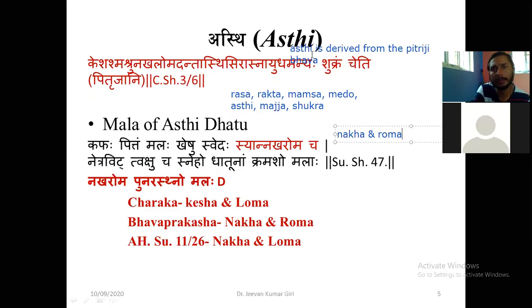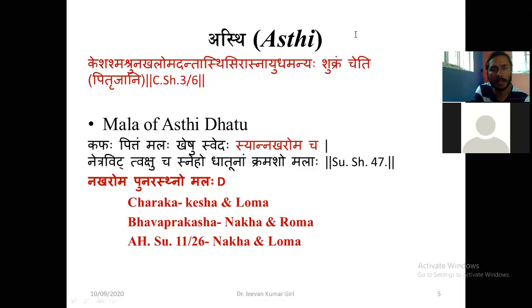Okay, up to here. Okay, sir. Okay, copy this. So this is the nakha and roma, the mala of asthi dhatu. You can write mala also, in Devanagari also. This Ayurveda terminology is better written in Devanagari lipi itself.